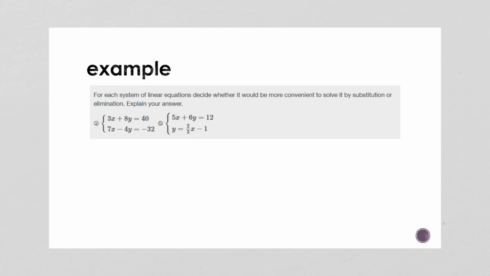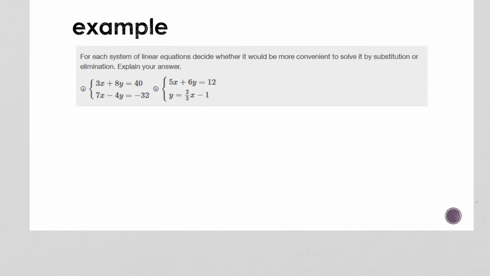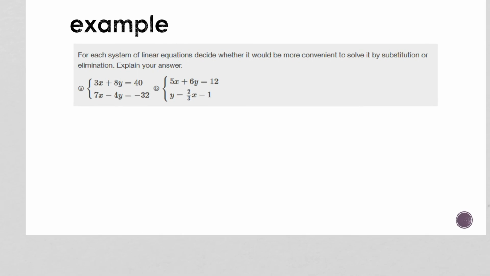Now, on these 2 problems, I'm not asking you to solve them. What I'm asking you to do is tell me which method might be more convenient, okay? So on part A, we've got standard form, standard form. That means that elimination would be easier for this one. Now you've got standard form, and then you've got slope-intercept form. That means one of my variables is solved for me.